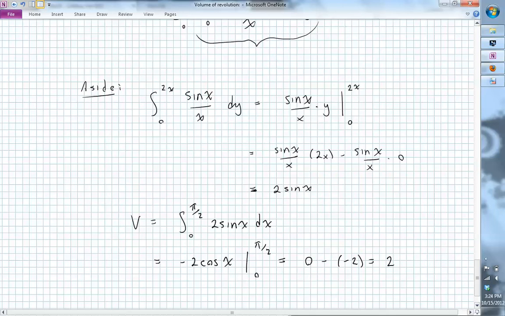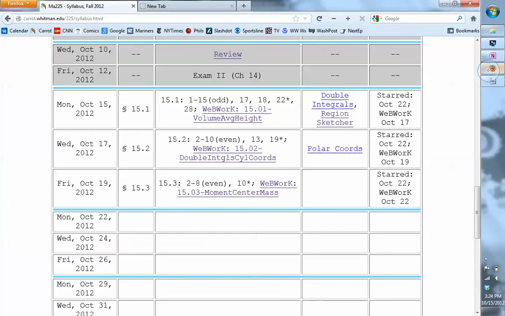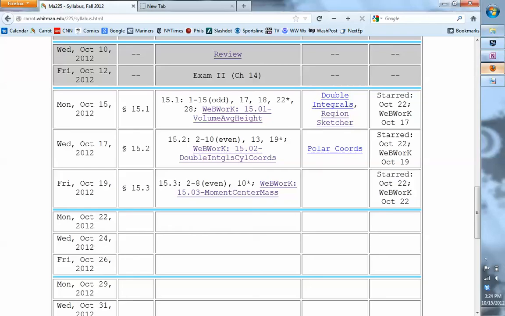All right, I have a nice applet online here that I mentioned at the beginning of class called Region Sketcher. I'm going to switch back over to laptop mode here and show you how this thing works.